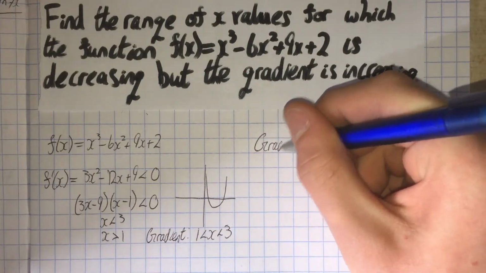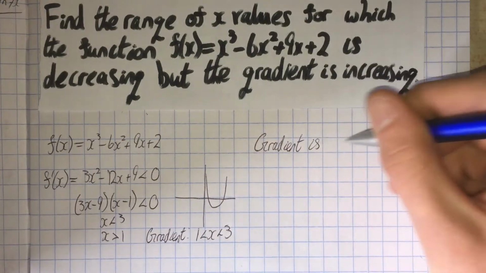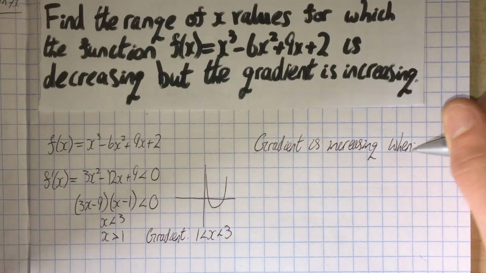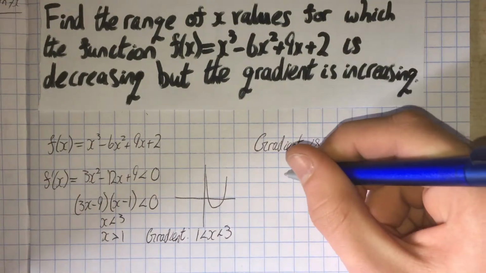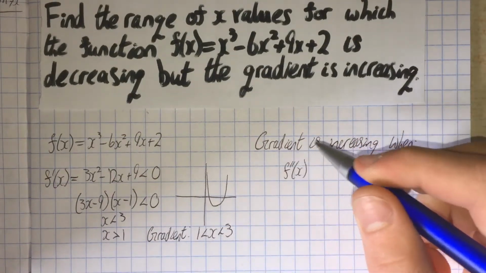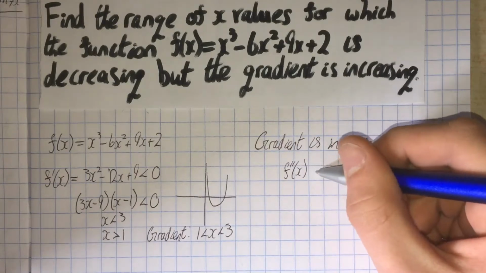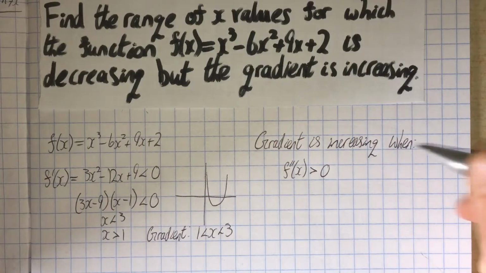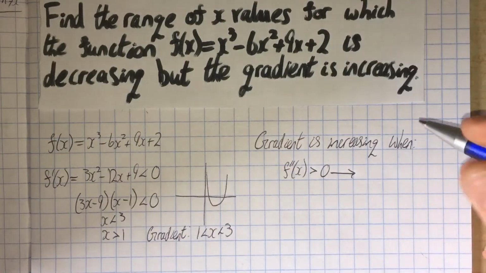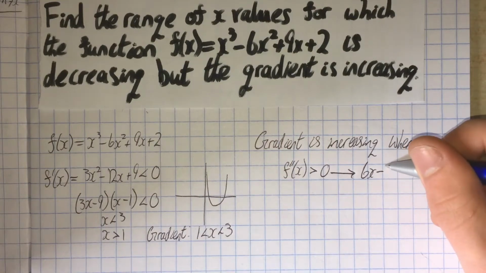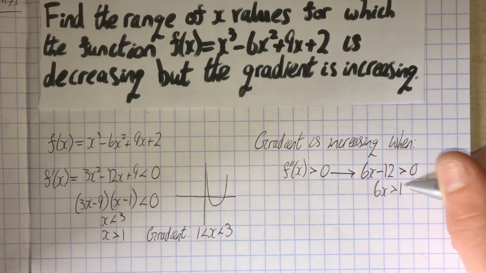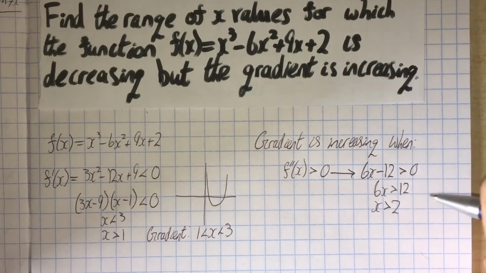So gradient is increasing when f dash dash of x, so that will be your d squared y over dx squared, is greater than 0. So let's differentiate this. 3x squared will become 6x, and it will be minus 12 greater than 0. 6x greater than 12, which means x is greater than 2.